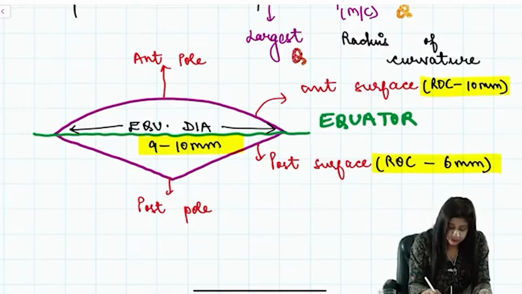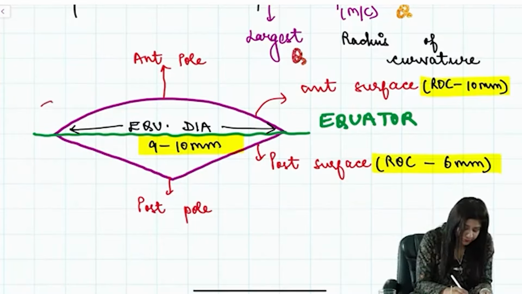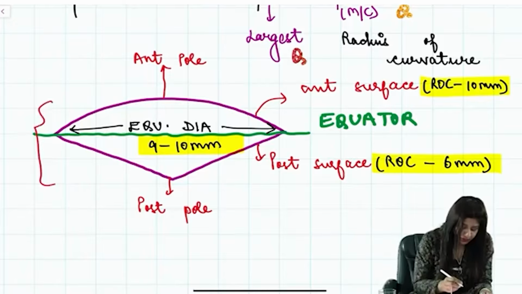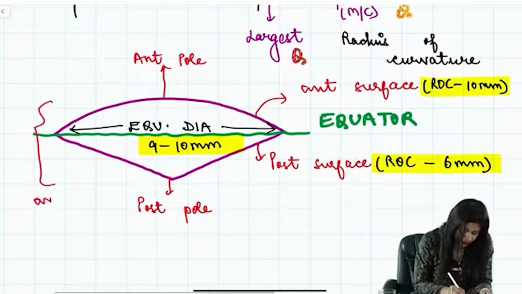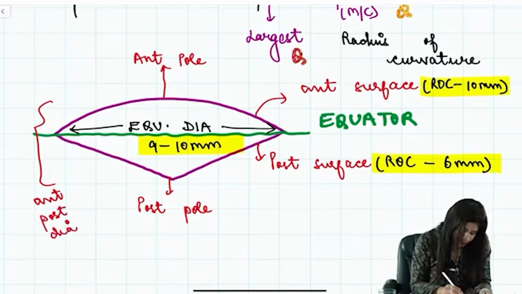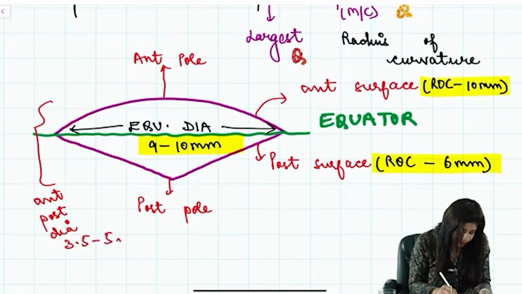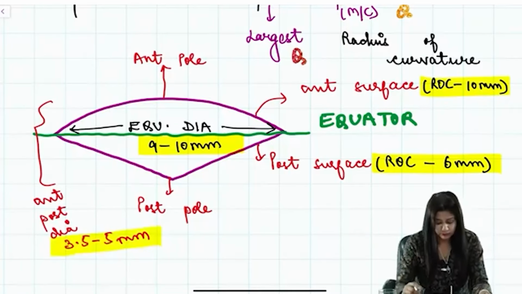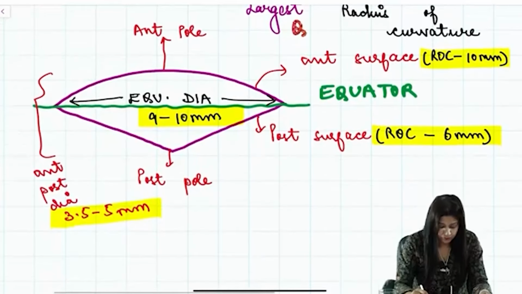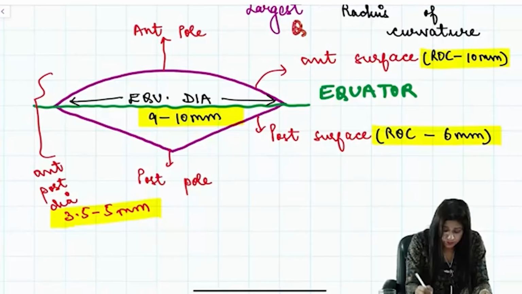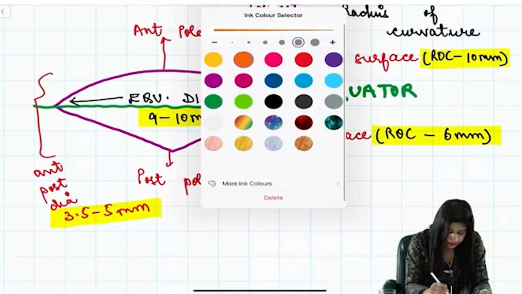And if we go with the antero-posterior diameter, this is the antero-posterior diameter, which will be 3.5 to 5 mm. And here I can draw the zonules.